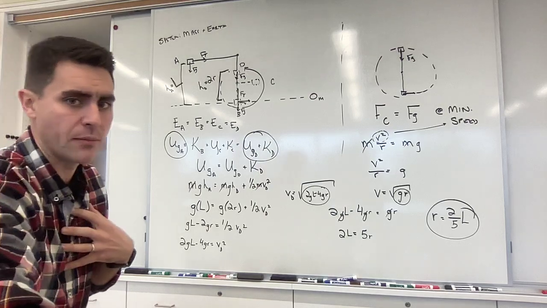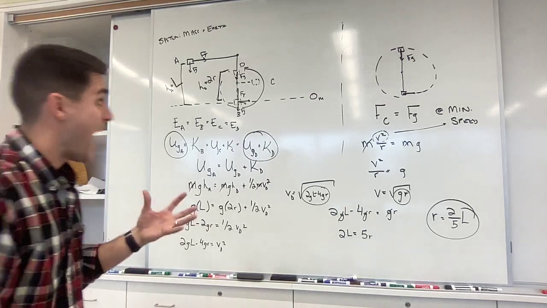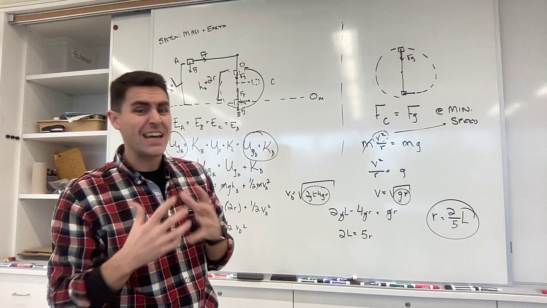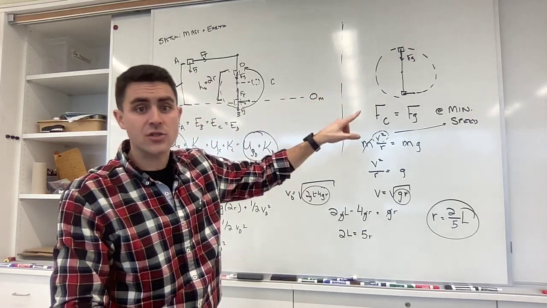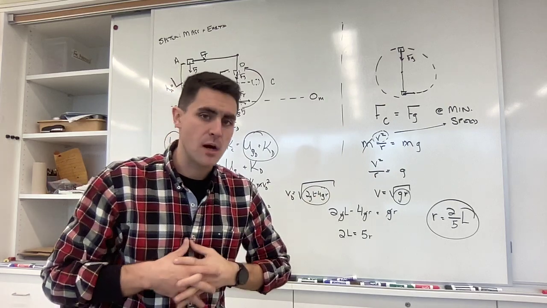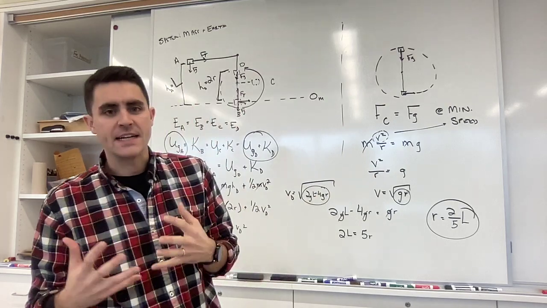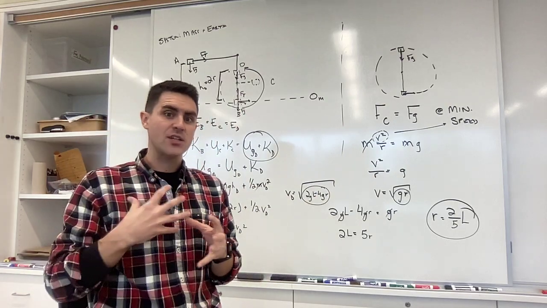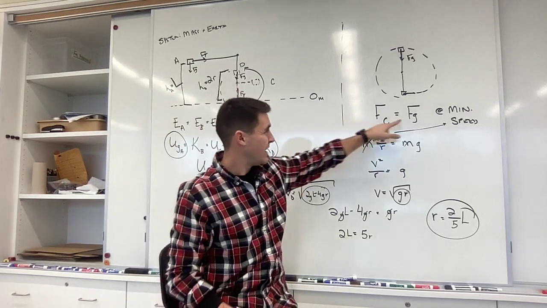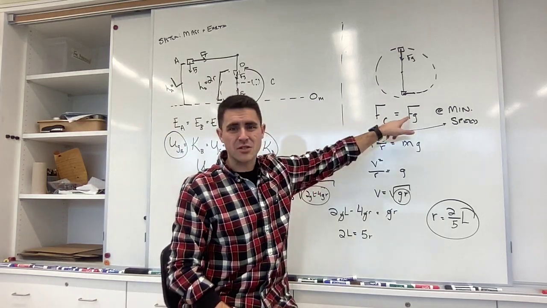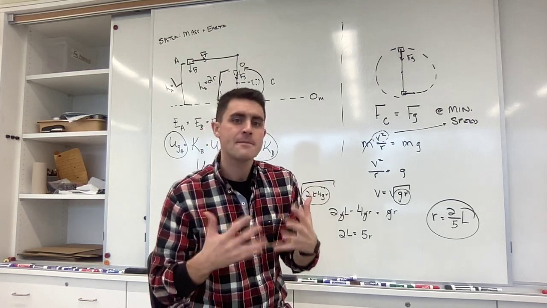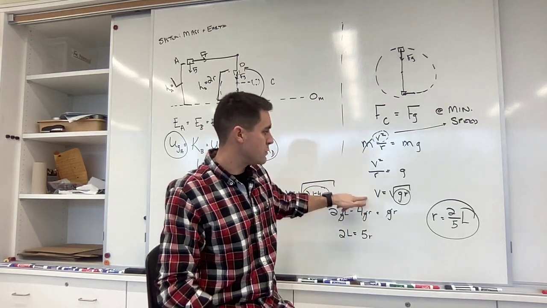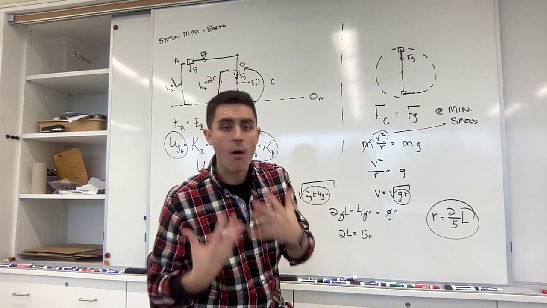The problem was where that peg needs to be located so that this mass makes it through that circle at its minimum speed. The idea of minimum speed brought us back to Unit 3, where gravity is the only force acting centripetally. Therefore, the minimum speed is equal to the square root of GR.